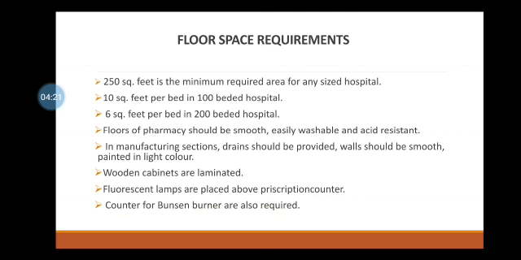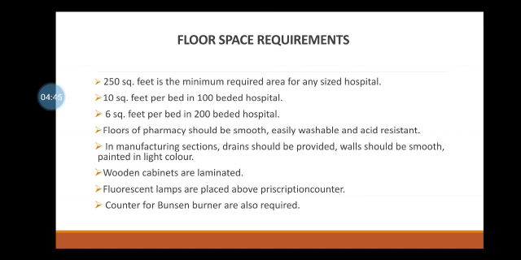Qualitative norms for floor area are: the floors of the pharmacy should be resilient, smooth, easily cleanable, and acid resistant. The surface should be non-skid. In manufacturing sections, drains should be provided. Walls should be smooth and painted in a light color.